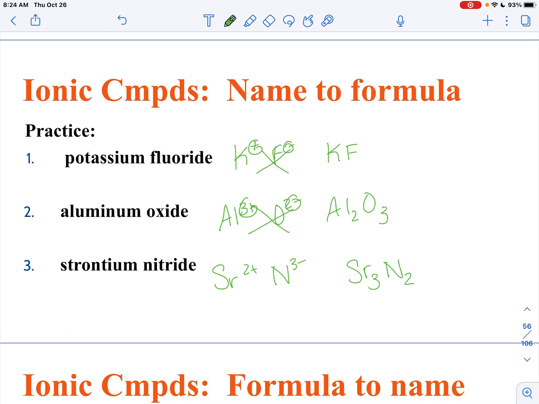So that's writing formulas for simple or binary ionic compounds.